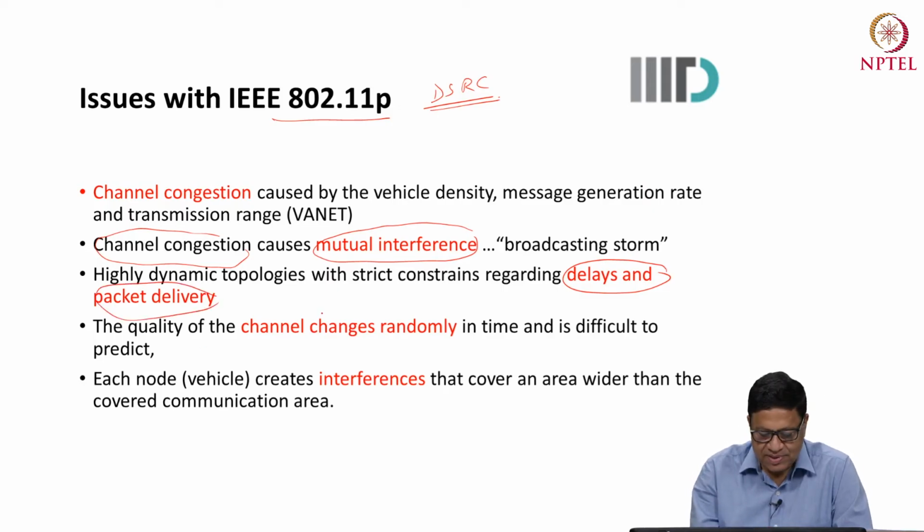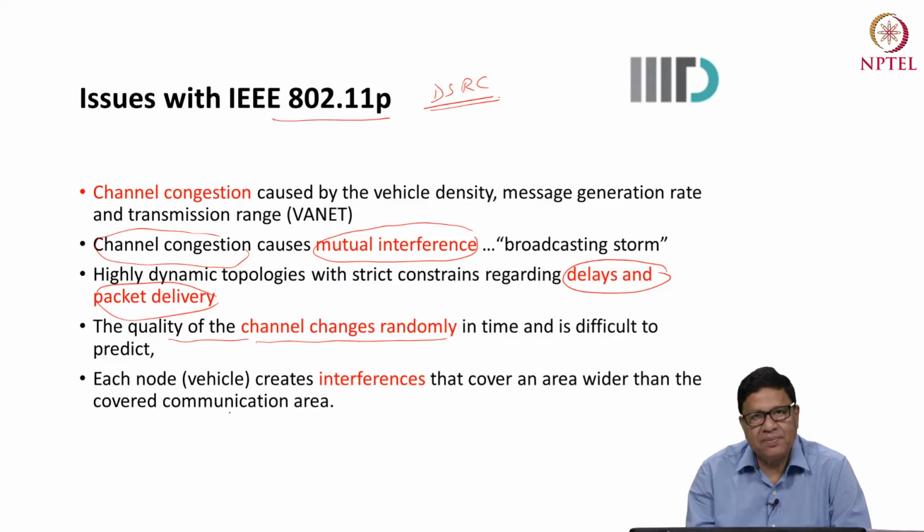And the quality of the channel changes randomly because the channel is a function of time and the topology around you. So it is very difficult to predict the quality of the channel. It is unlike indoor communication where the channel is deterministic. Here the channel changes randomly. So prediction is very difficult.